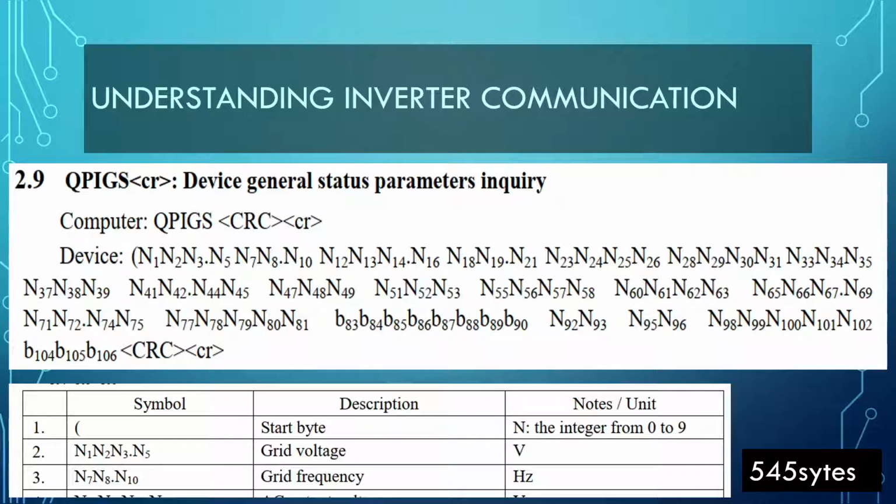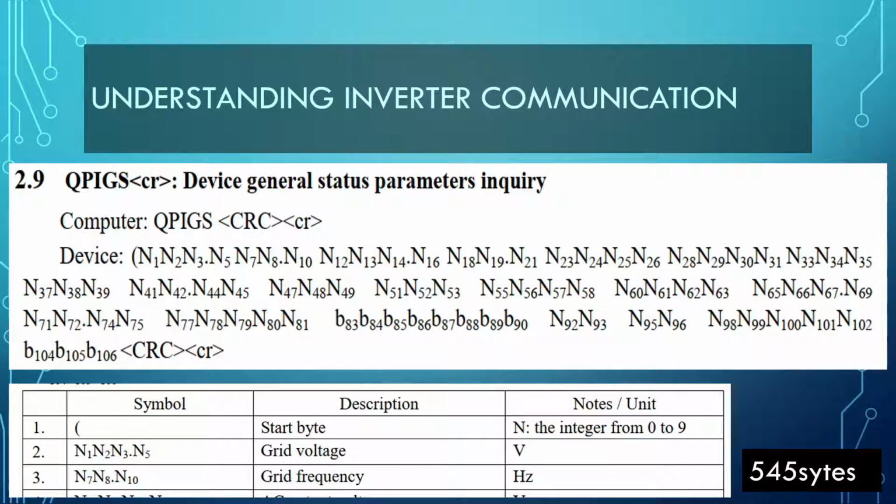This is the code that is sent, and after that CRC we have a CR. CR stands for carriage return. Carriage return is, I think, from the typewriter era, when you used this to move to the next line. In simple layman language today, carriage return is the enter button. Enter means that I have sent what I wanted to send. So the command is followed by the CRC, and after that CRC there is an enter, which tells the receiver that what the sender was sending has ended.